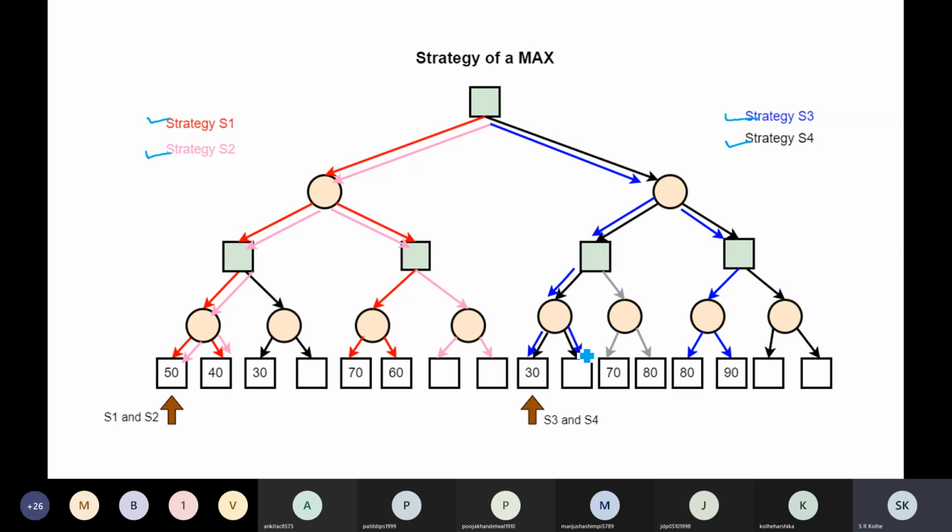Sir, at min we select only one, and at max we select both 50 and 40. Why do we do this? For what purpose do we do this?